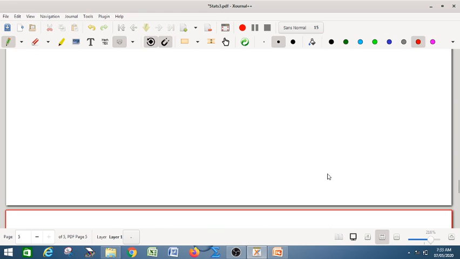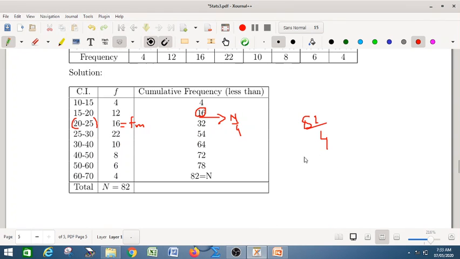Now Q2 is n by 2, that is the median you want to calculate. So 82 by 2, 41. So this is the position of n by 2, and this is the median class, 25 to 30. 22 is the frequency of the median class, and 32 is the cumulative frequency preceding the median class.